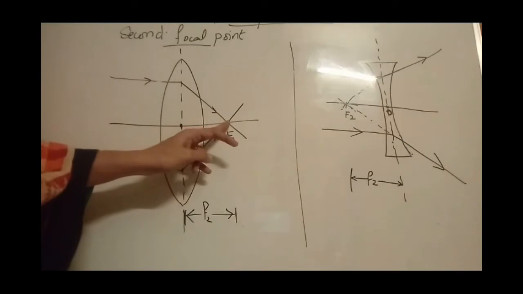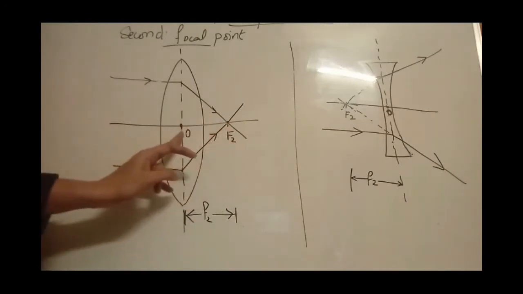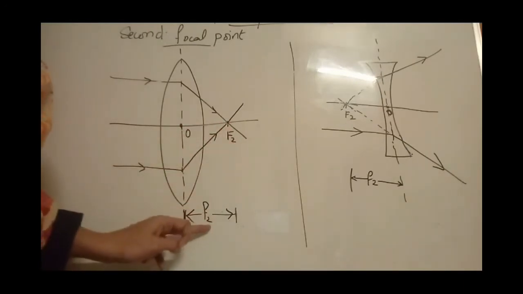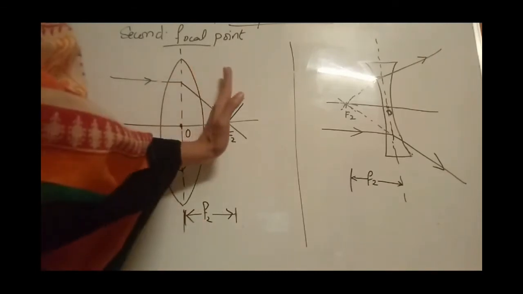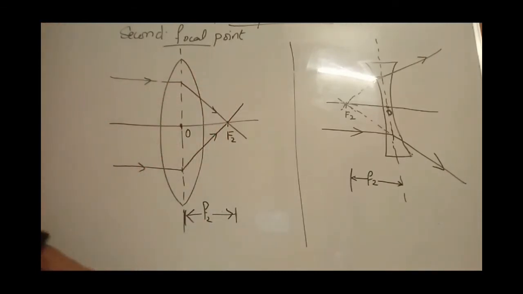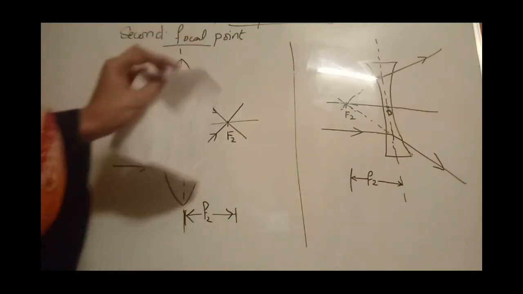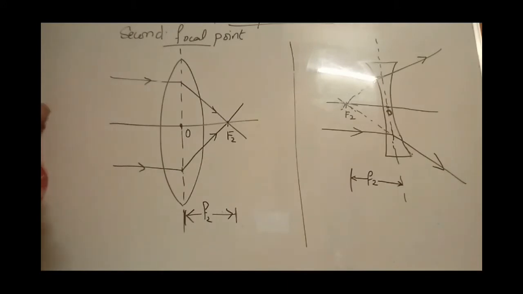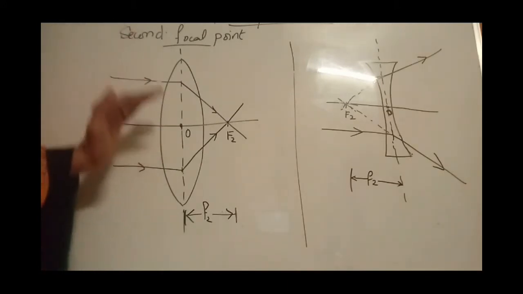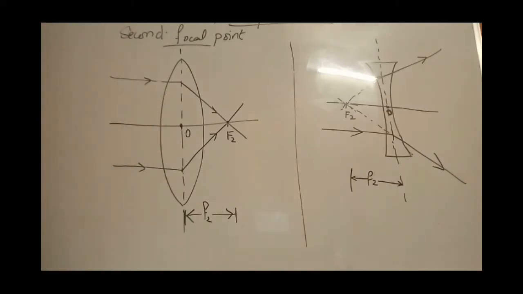The distance between the second focal point F2 and O, the optic center, we name the second focal length, and the plane passing through F2, the second focal point, we name the second focal plane. So that is the definition of the second focal point. It is easy to learn compared to the first focal point.